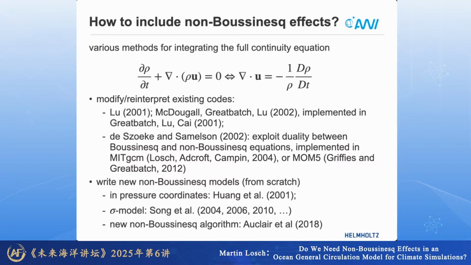And then of course there are models that have been written entirely from scratch. So there's a model by Wang in pressure coordinates, and Tony Song at JPL wrote a sigma model that was entirely non-Boussinesq, and used this a lot for studies exploring GRACE data. So that's really the way to go.